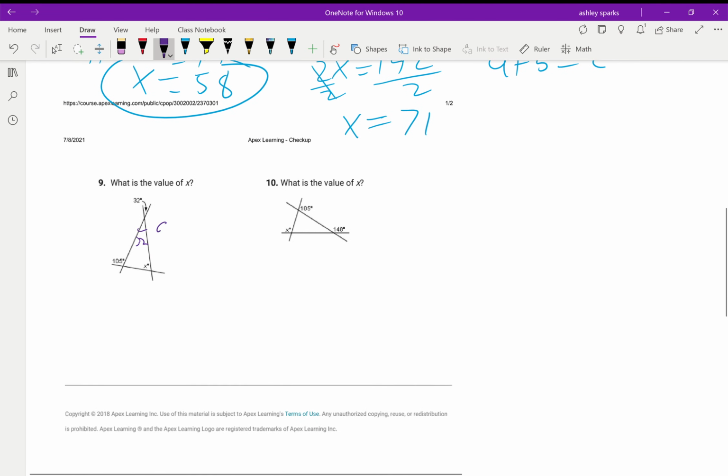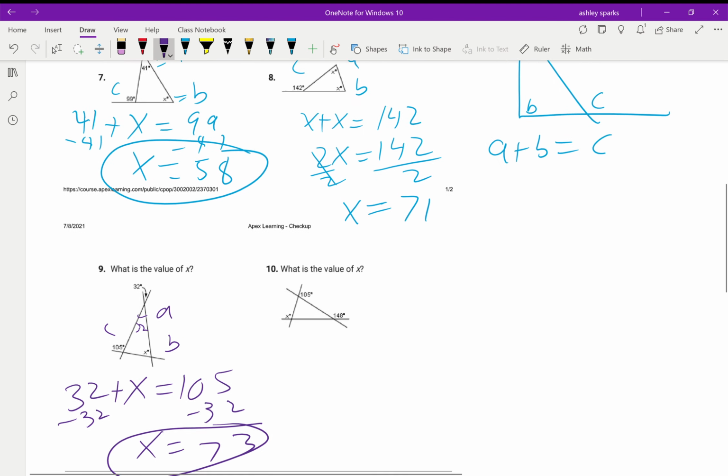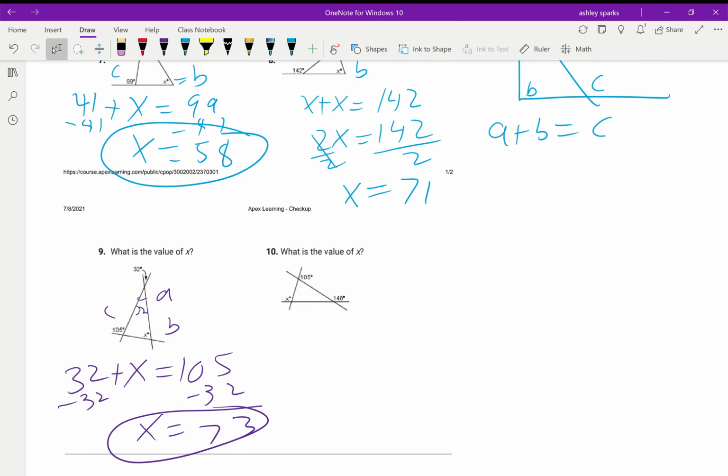So I got A is 32, B is X, and a C at 105. So 32 plus X equals 105. Subtract our 32, and X will equal 73. Very similar things that we did before, you just remembering the vertical angles.